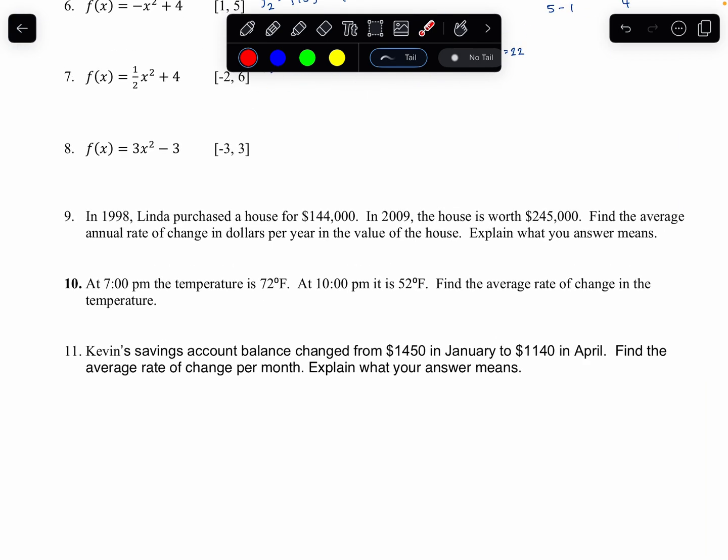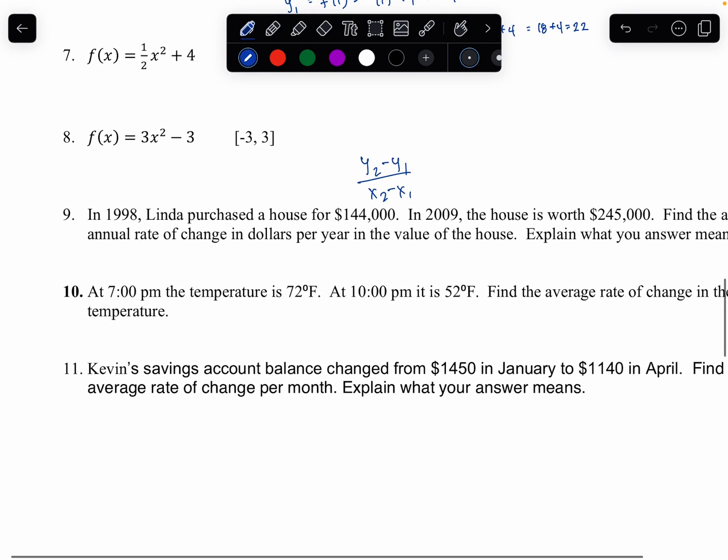Find the average annual rate of change in dollars per year in the value of the house. And so you're using the same type of equation. You're using y2 minus y1 over x2 minus x1. Except you have to fit these into the context of the problem.